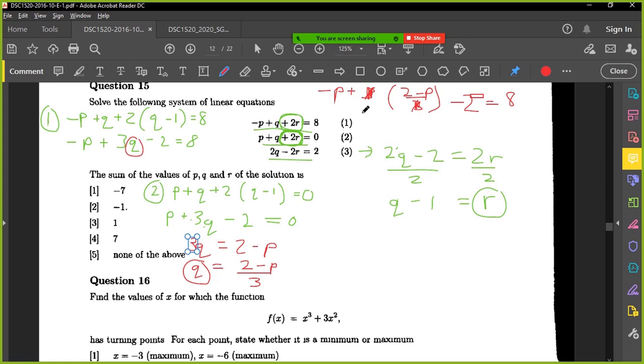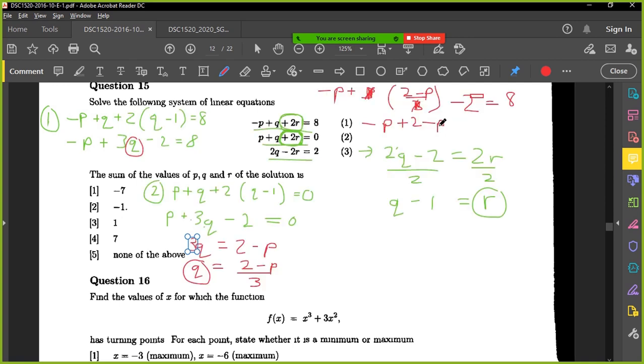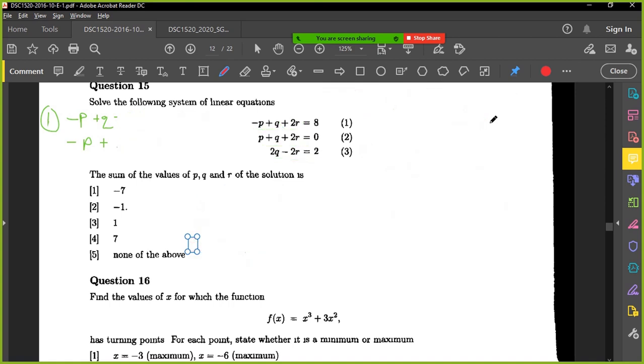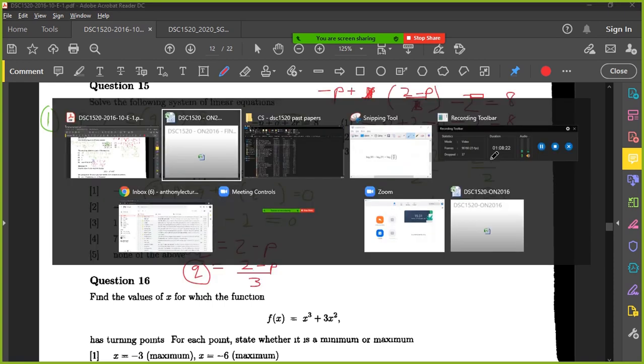Then minus P plus 2 minus P, so that will become minus 2P, plus 2 minus 2 is 0, equals 8. So what is P? P is going to be minus 4. Perfect. Let's check if that's right.